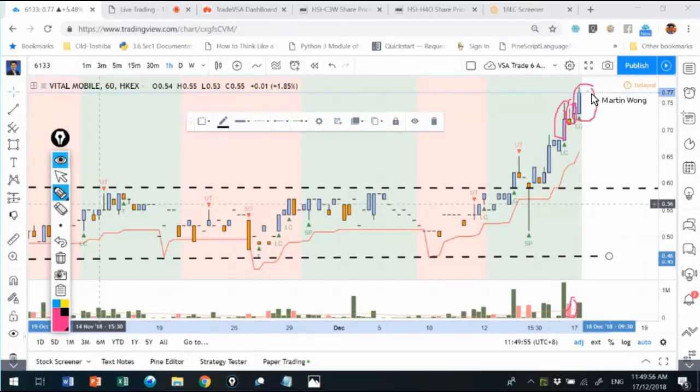Today we have another line change again. So wait for another true bar pullback, low volume, for the low risk entry. Just place a stop loss below this line change bar, just in case it reverses.